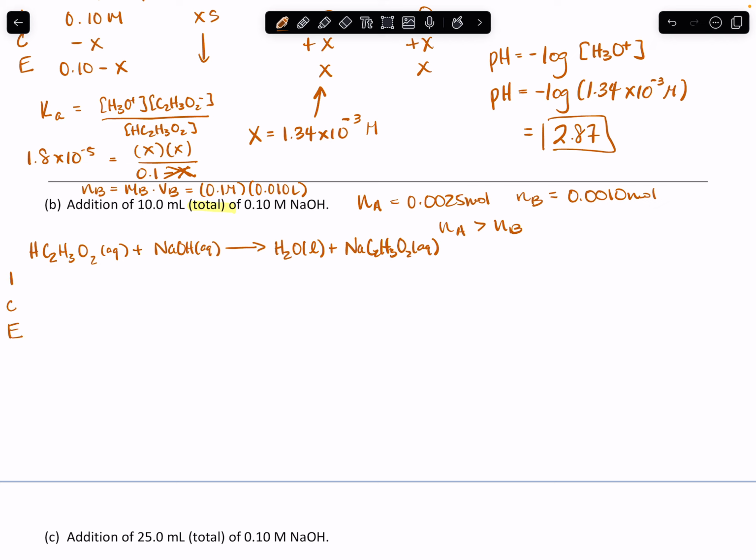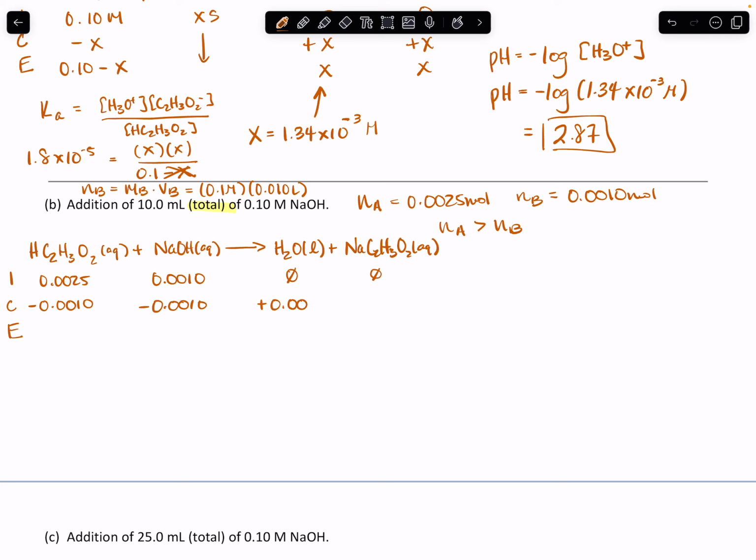ICE. So initially in terms of moles, I have 0.0025 moles of my acid, and I have 0.001 moles of my base. No water, no sodium acetate. I'm going to use up all of that strong base, which means I need to react that same amount of my acid.